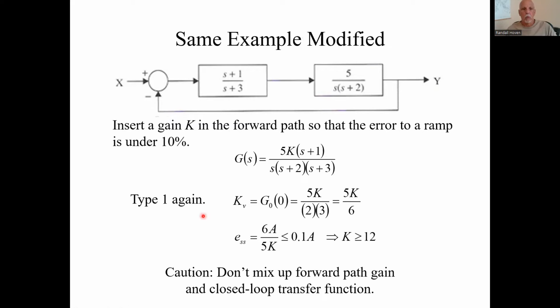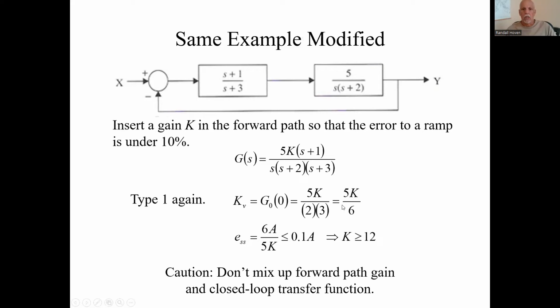Well, it's type 1, and it says to a ramp. Type 1, so that's where we will get a non-zero constant for the steady state error. We need to calculate this G sub naught, which will just be 5 times k times 1 over 6.